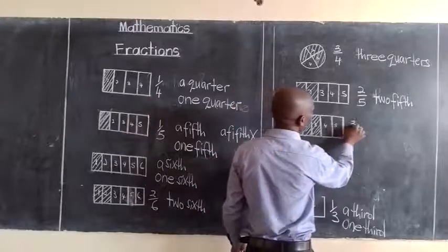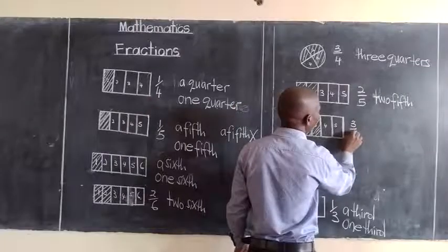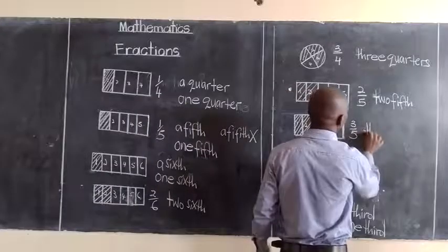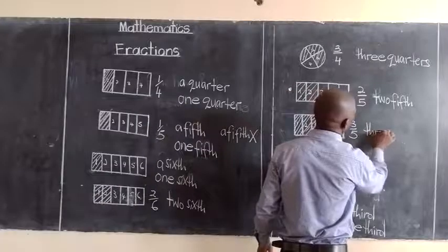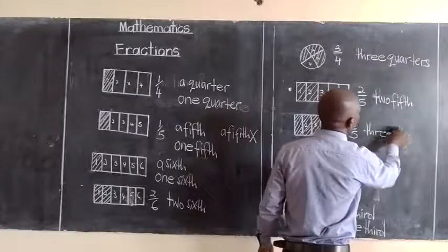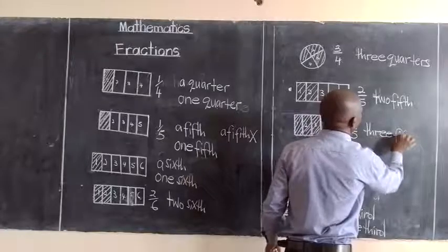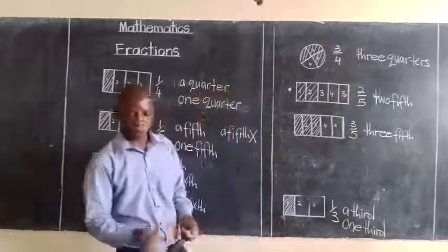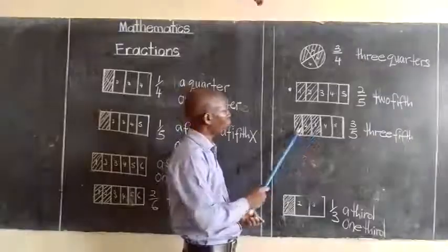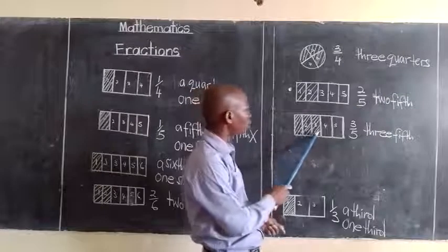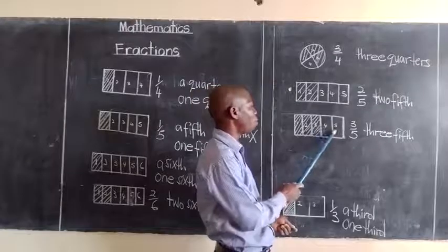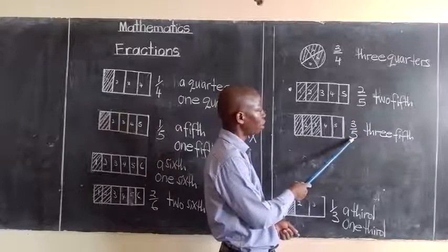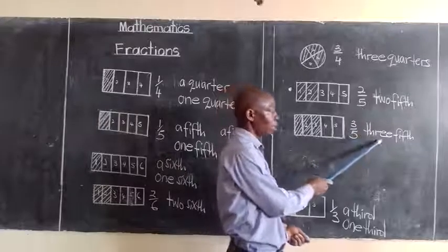Now we are cutting the 3 parts out of the 5 parts, which is written as 3/5. Why have we cut off the 3 parts? 1, 2, 3. But there were 5 parts. That's why we say 3 out of the 5 parts, which is written as 3/5.